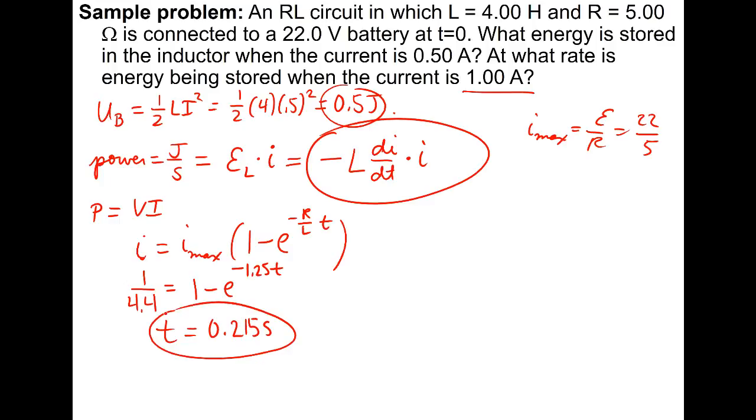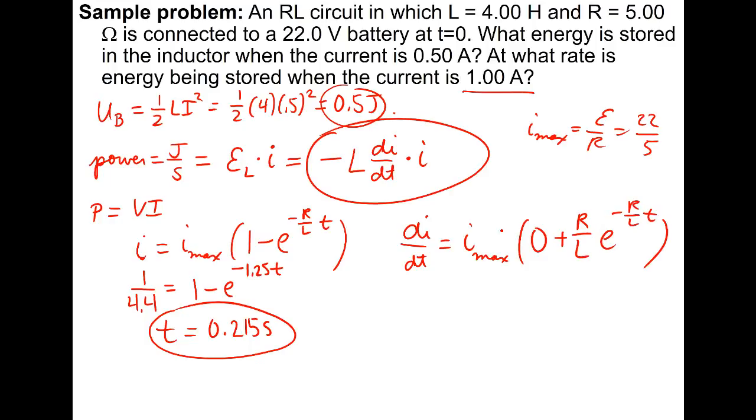Then what we can do is we can calculate di dt. And di dt is going to be equal to I max times the derivative of 1 minus e to the minus R over L t, which will be positive R over L e to the minus R over L t.